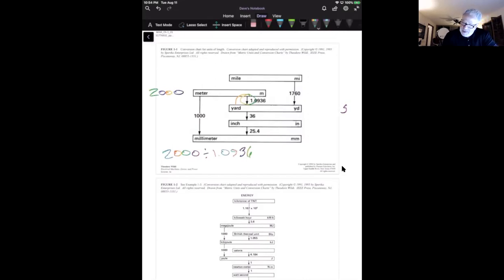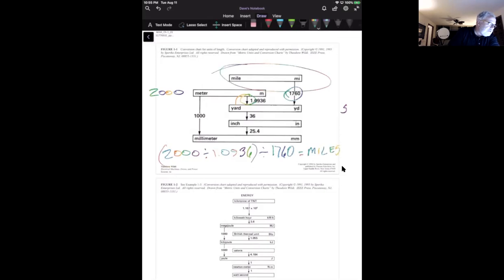Then after that answer, I'm going to divide again by this number, and that will get me to miles. So I'll take that answer, divide by 1,760, and that will leave me at the miles unit.